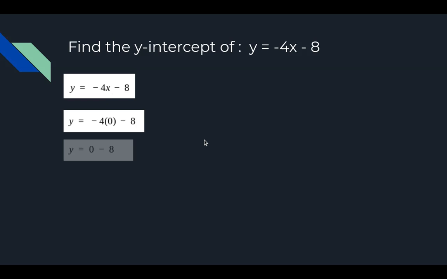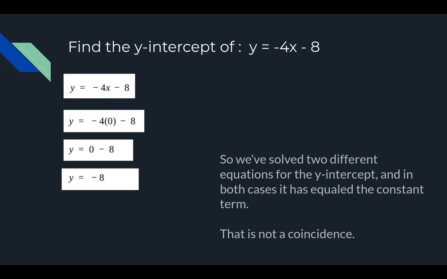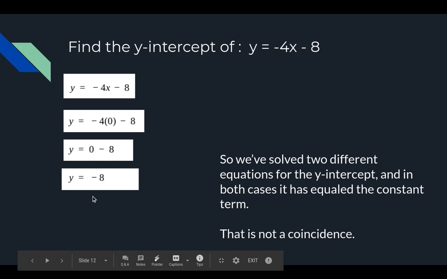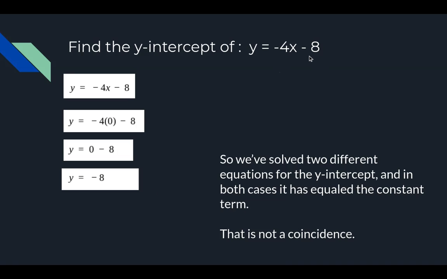And 0 minus 8 is negative 8. So our point is going to be at 0, negative 8. So that's two different equations that we've solved for the y-intercept. Both definitely showed us that that y-intercept is the same value as this last part of the equation.